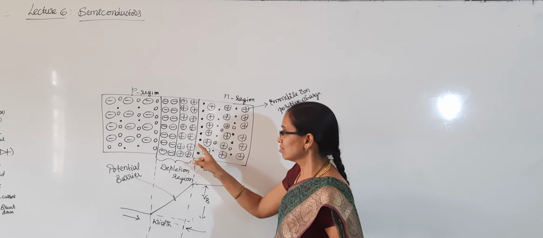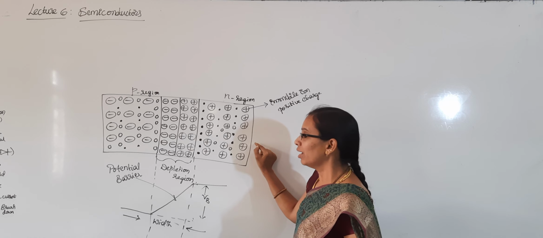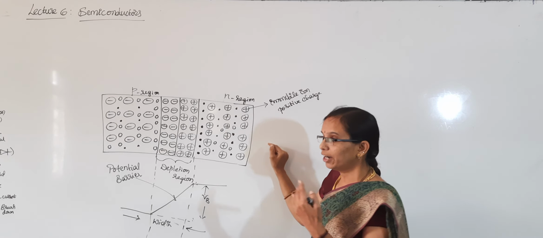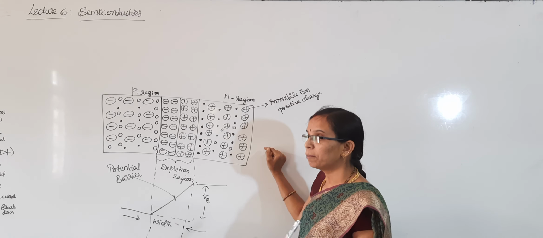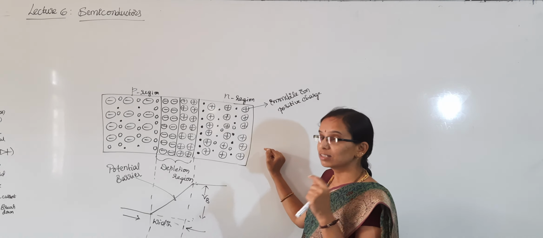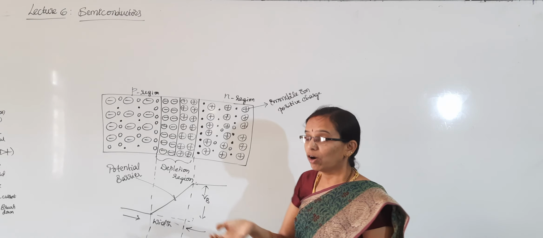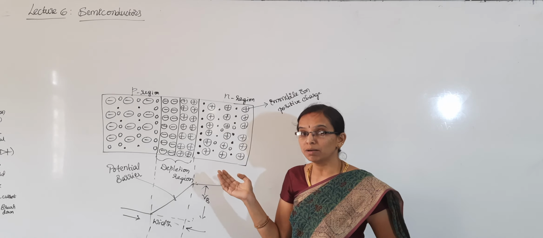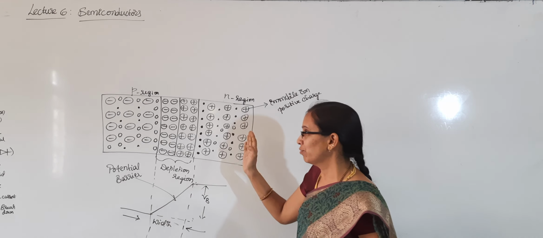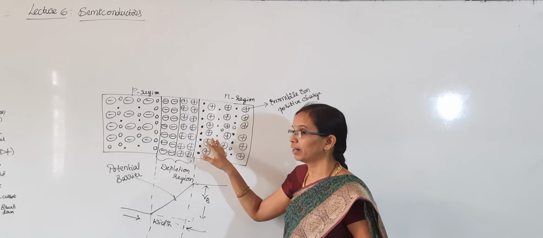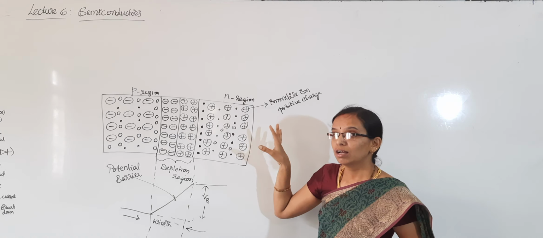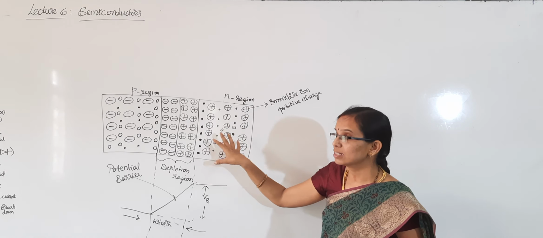Once a donor impurity, in the sense a pentavalent impurity, is added to the pure semiconductor material, every atom of it donates one electron, and after donating, those atoms become positively charged immobile ions.